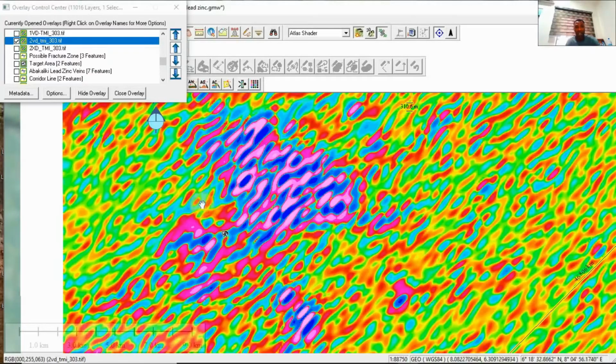Though this is a 2VD TMI, the more you try to detail your interpretation and filter, the more your data gets a bit noisy. The 1VD will also show you less noisy data. So that is just it.